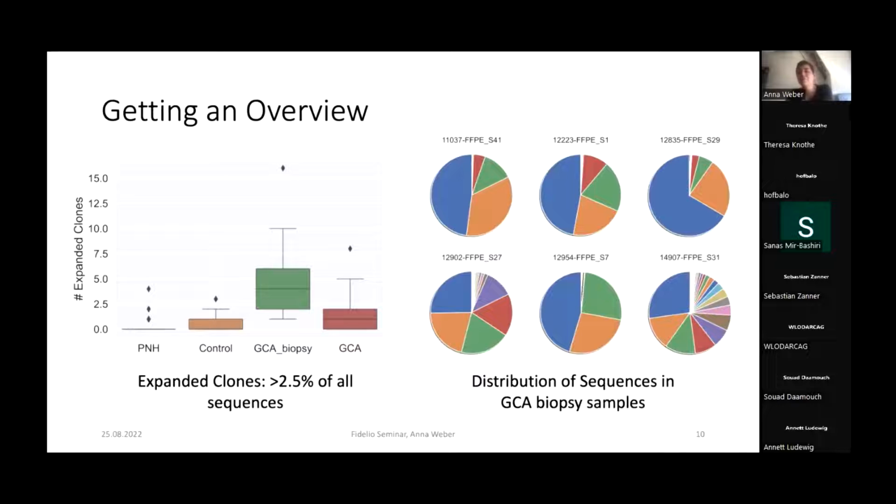You see that there are samples where really 3/4 of the sequences that we find are just this one clone, or where maybe we just find 4 different sequences and then some that occur very infrequently. That means that all the T-cell receptors that we find in these biopsy samples, all the T-cells that are really at the site of the inflammation, are quite suspicious, right? They might be involved, and there aren't really that many of them. So that's interesting. That makes them far easier to look at and to analyze.